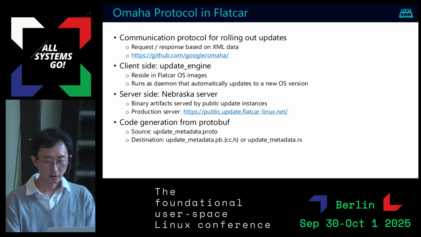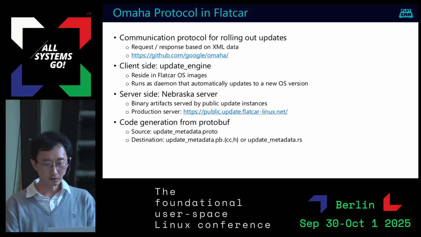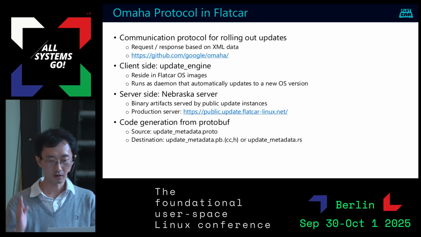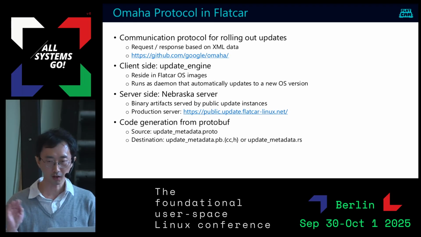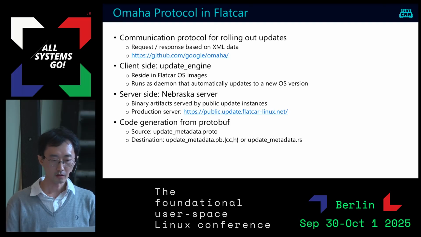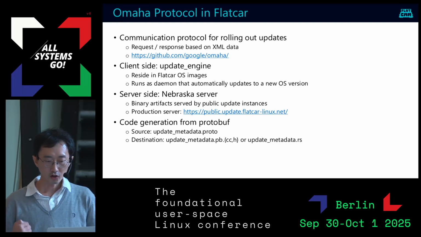Another interesting thing about the Omaha protocol is that you define what to exchange and how, and what type each field is. Such things are defined in a protobuf file, and source files are generated from that.